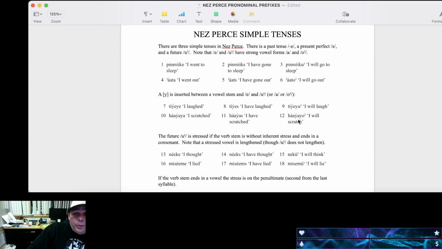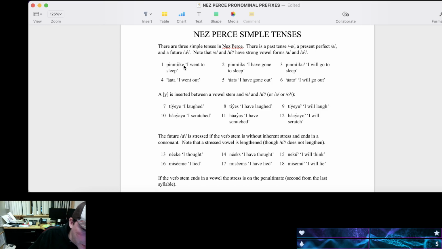Now, the other thing that we went over last week are two more concepts that make learning Nez Perce a little more complicated. The first one was vowel harmony. So when we put that E on the end of a word that has a soft vowel harmony or a weak vowel harmony, it just stays an E. So the I's can be considered strong or weak.